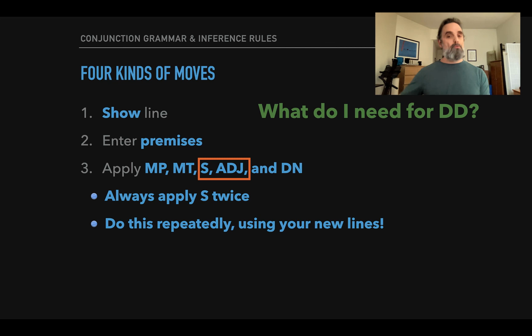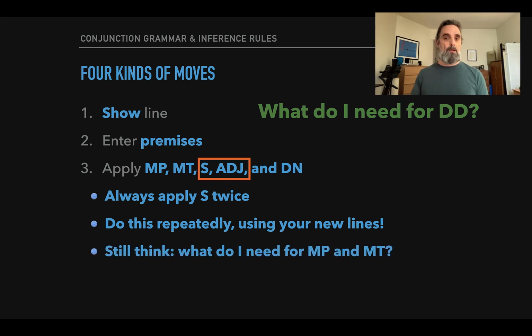Keep applying these rules using your new lines. You'll apply S, and then you may use what you get from S to do MP or what have you. Just keep going until you reach the end of the derivation, using the new lines. You're still going to need to ask yourself, what do I need for MP? What do I need for MT?